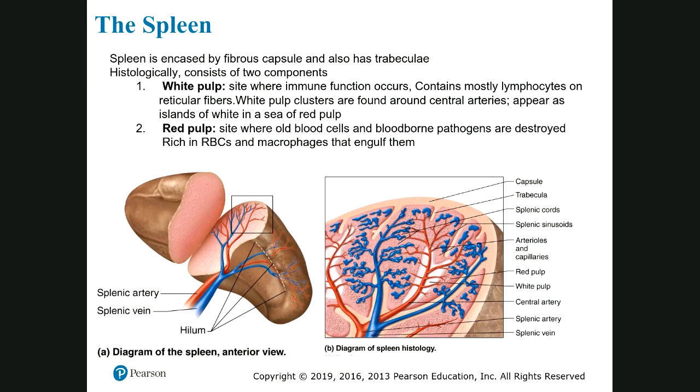It's mostly lymphocytes on reticular fibers. And also the red pulp, very rich in red blood cells, which is why it appears red. Those white pulp areas are mostly made of lymphocytes.